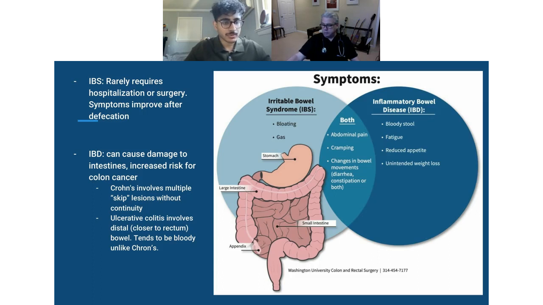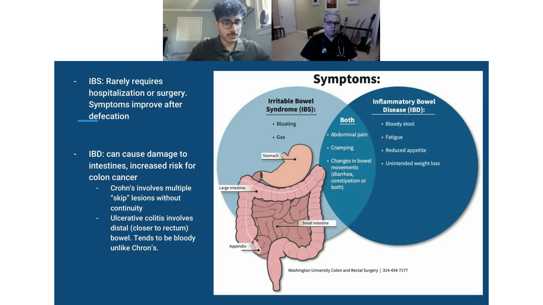And with ulcerative colitis, it's generally closer to the rectum, so it's closer to the end of the GI tract, and it tends to be bloody, unlike Crohn's disease, which tends to have non-bloody symptoms. But both of them cause severe damage to the intestines, and they can increase your risk for colon cancer. It's mainly associated with ulcerative colitis rather than Crohn's, but both can have that link.